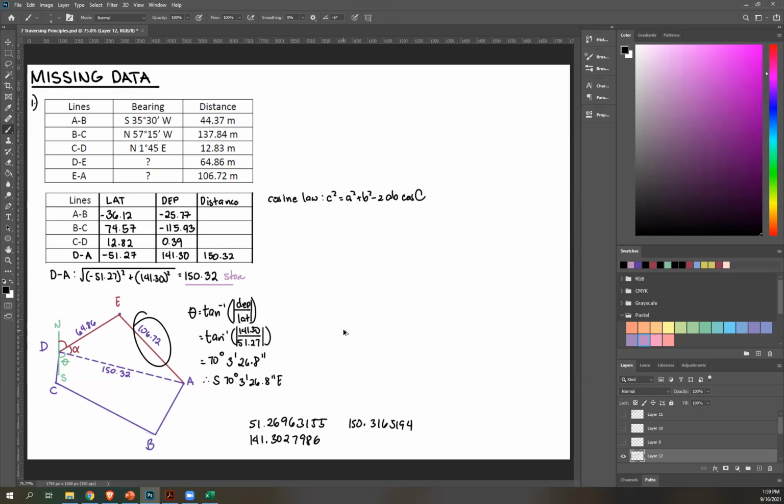Your subtending line is 106.72, so 106.72 squared equals 64.86 squared plus 150.32 squared, again using the stored value, minus 2 times 64.86 times 150.32 cosine alpha. From this, we can solve alpha. Please give me the answer in degrees, minutes, seconds.